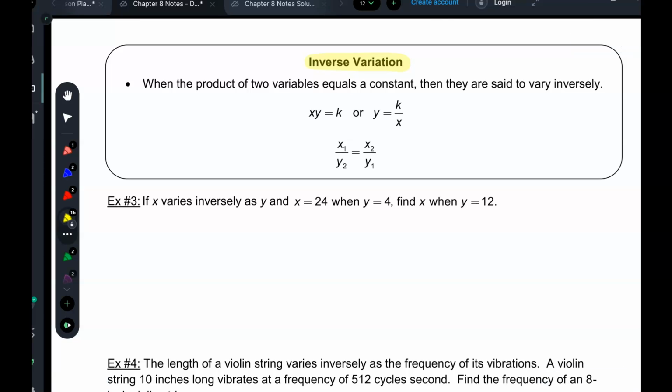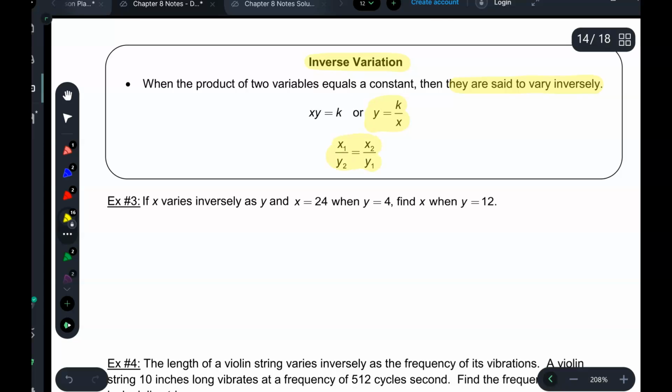For inversely, I like this format, y equals k divided by x. This one looks a little different. Instead of directly, which is k times x, inversely, think reciprocal. It's really k times 1 over x. 1 over x is the inverse of x, but we just write it as k over x.